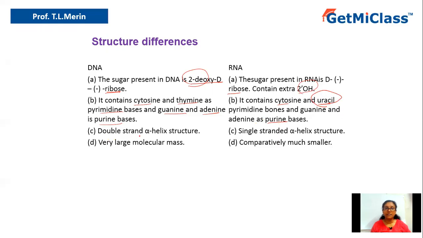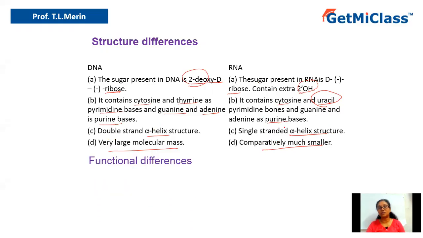Then the double-stranded alpha helix structure: DNA is made up of a double-stranded alpha helix structure, which is more stable compared to the single-stranded structure of RNA. DNA has a very large molecular mass, whereas RNA, since its size is small, has less molecular mass. That is our structural difference.